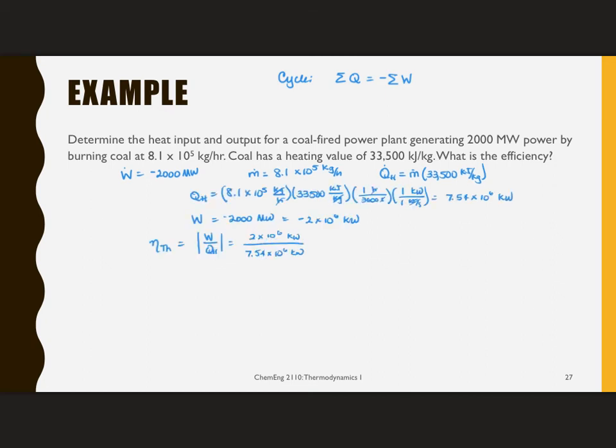Fixing that, 2 times 10 to the 6 kilowatts divided by 7.54 times 10 to the 6 kilowatts. Those cancel, so 2 divided by 7.54. The thermal efficiency is 0.265, or 26.5% efficient.